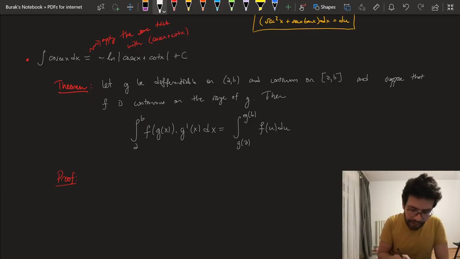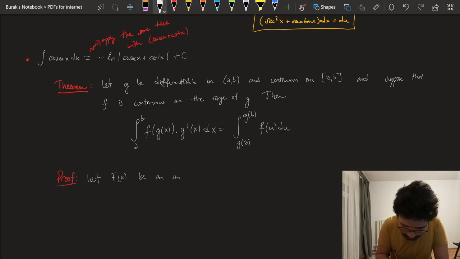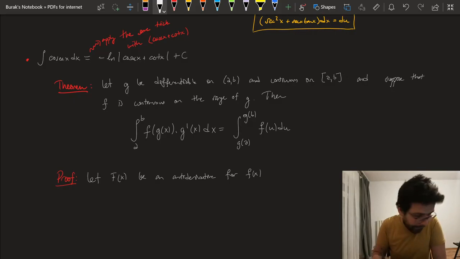Here's the proof. So let big F of x be an antiderivative for little f of x.